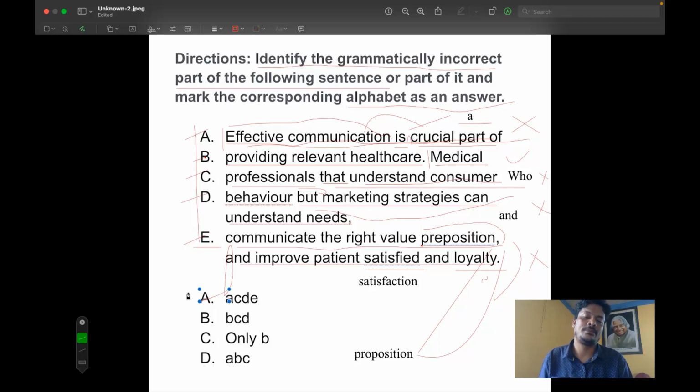Option A, the correct answer: A, C, D, E. B, C, D cannot be, because B is a correct one. So that's why it cannot be. Only B would be the correct sentence, but not the incorrect one. A, B, C again cannot be. So the answer should be option A.